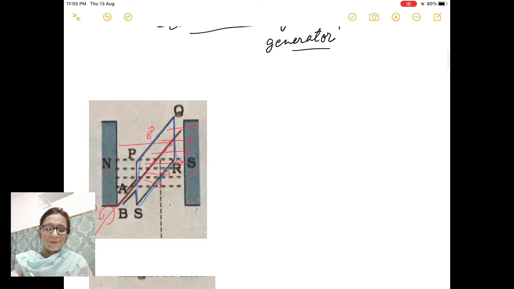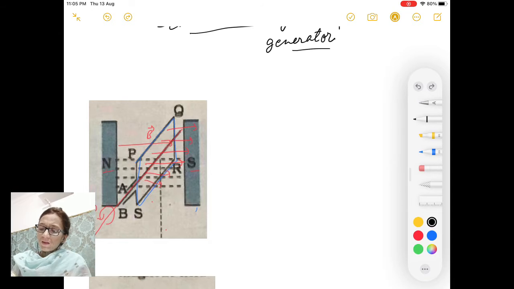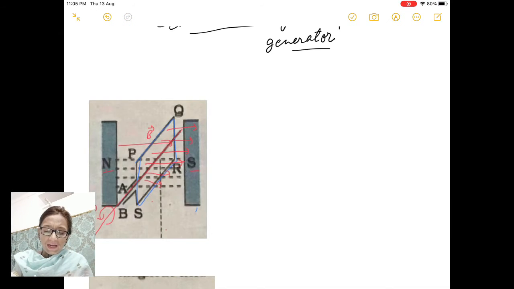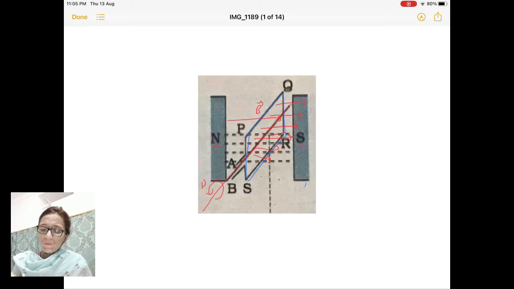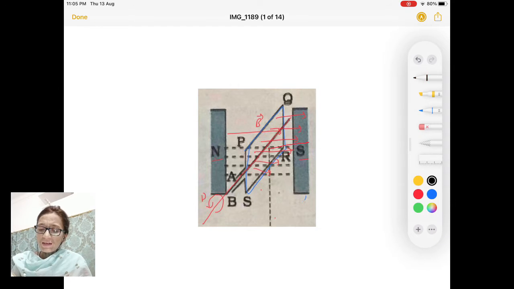Here flux is maximum when the surface area is perpendicular to the magnetic field, that is, when the area vector, here in this diagram, a vector which is perpendicular to the area and has magnitude equal to the area of the coil. So this is your area vector.